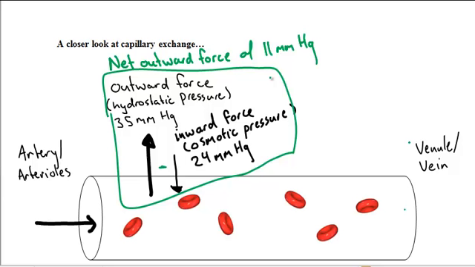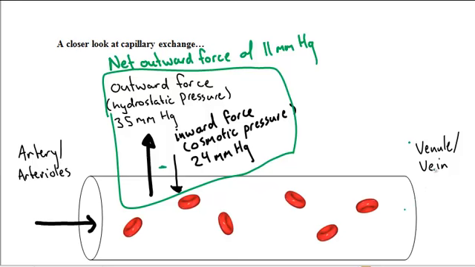nutrients. But what happens is these things exit, your concentration changes, and your osmotic pressure stays up, so what happens is this forces water out of the blood vessel. And as water leaves, your blood volume decreases, and as your blood volume decreases, your blood pressure decreases.